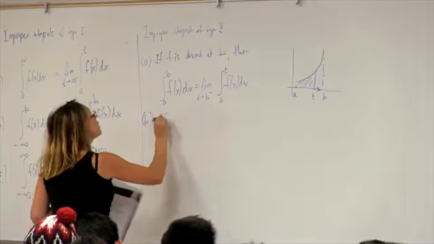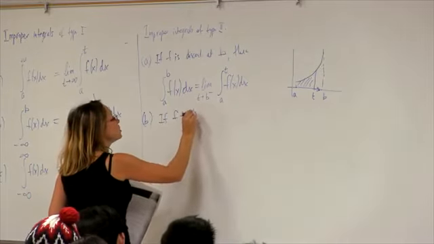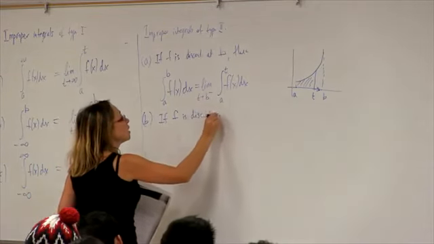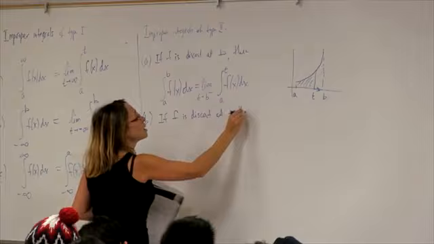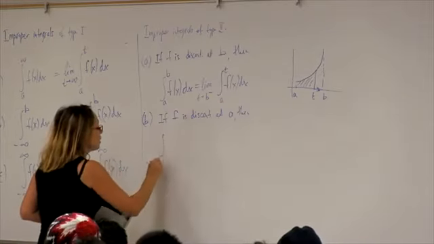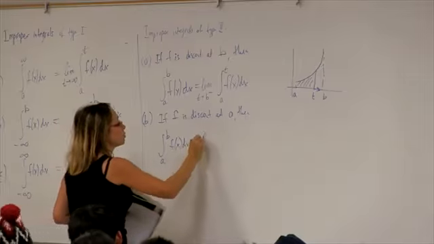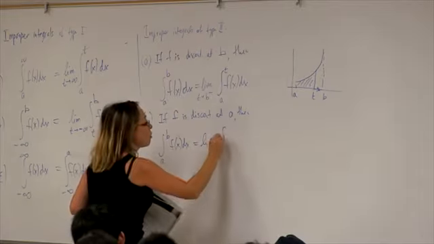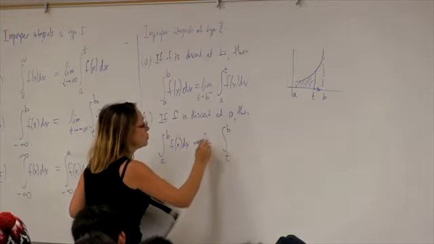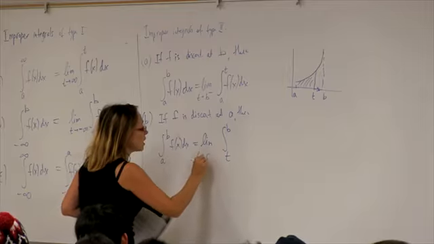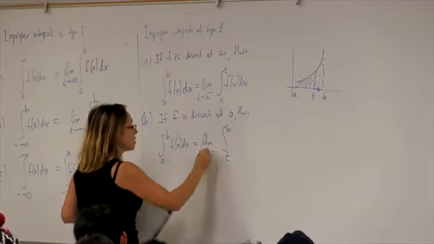So if f is discontinuous at a, then an integral from a to b of f of x dx is replaced by a limit of an integral from t to b, where t goes to a on the right.